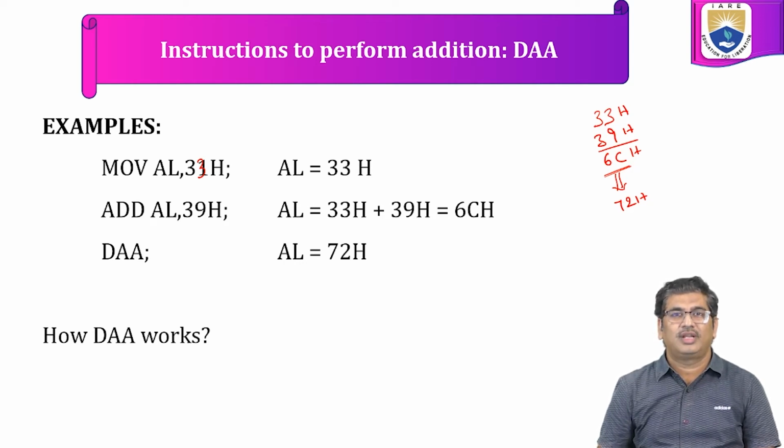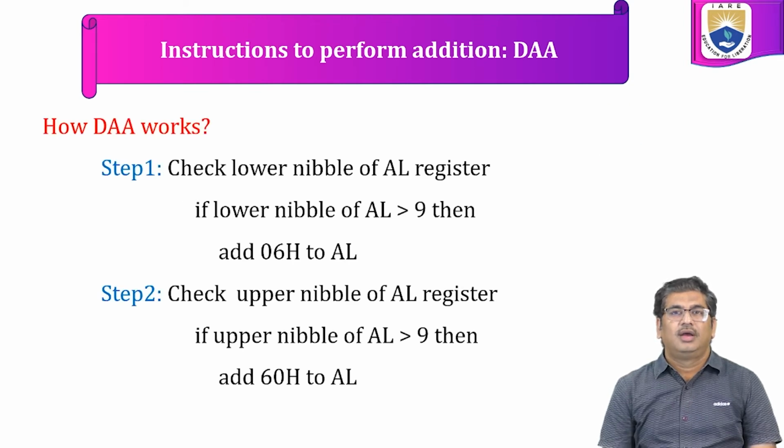Now we will see how this DAA instruction will work. First we will describe the various steps for this DAA instruction. Then we will illustrate with a few examples how it works. First we have to examine the lower nibble of the AL register. If the lower nibble of the AL register is greater than 9, add 06 to the AL register contents. If the lower nibble is less than or equivalent to 9, don't alter the contents.